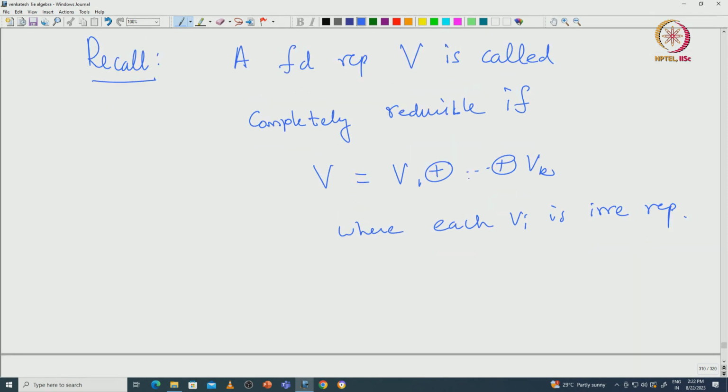As I have written here, I am not talking about any particular algebra. You can see that complete reducibility can be defined in any category of representations over any algebra.